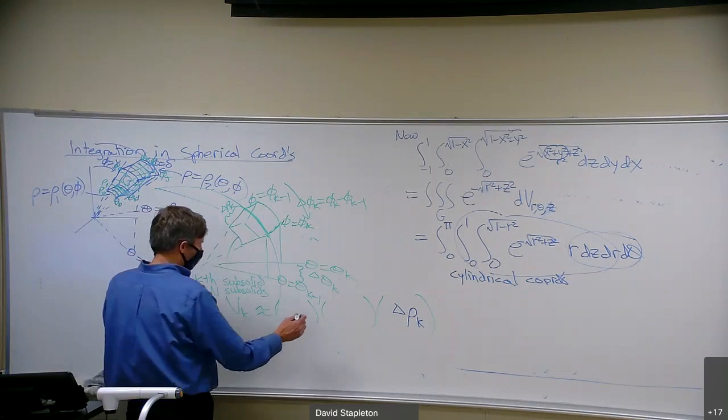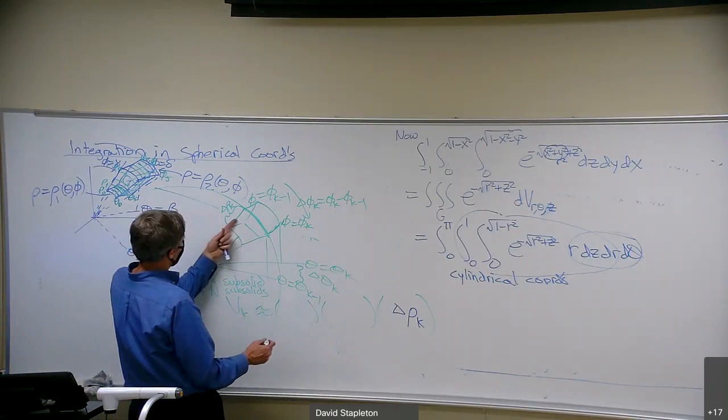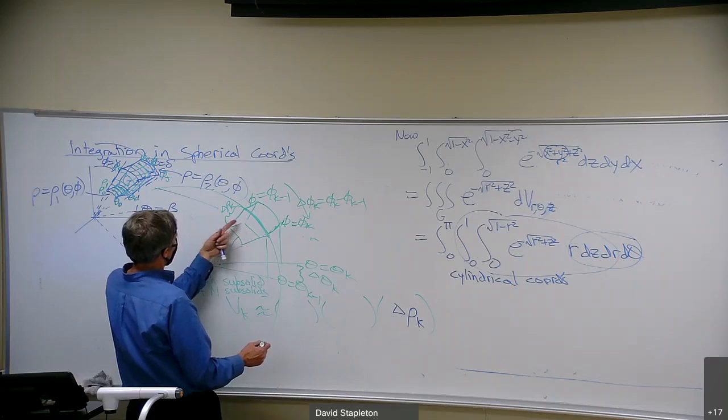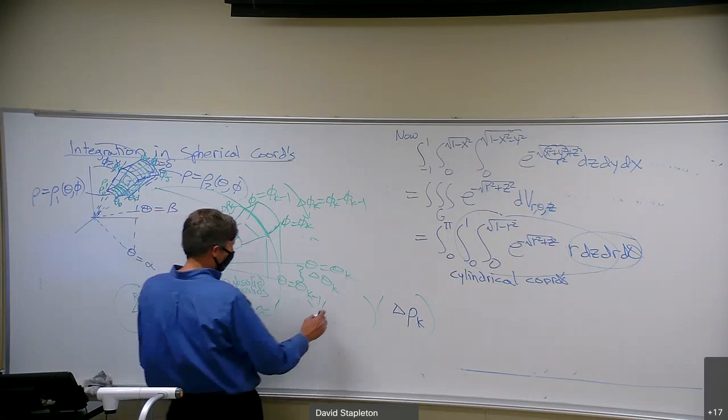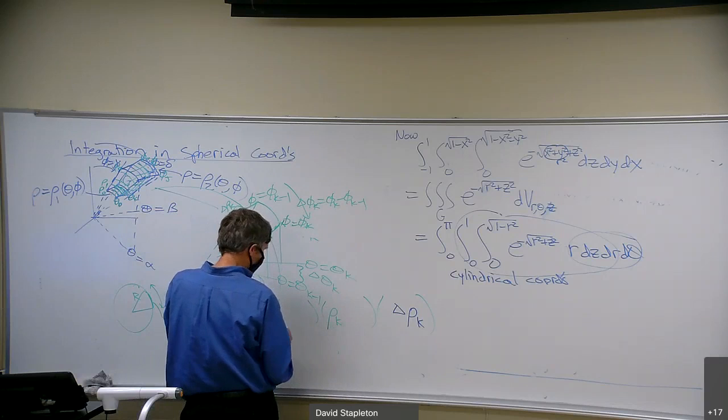So the radius out here is some intermediate value rho k star. I'm going to draw this in blue.